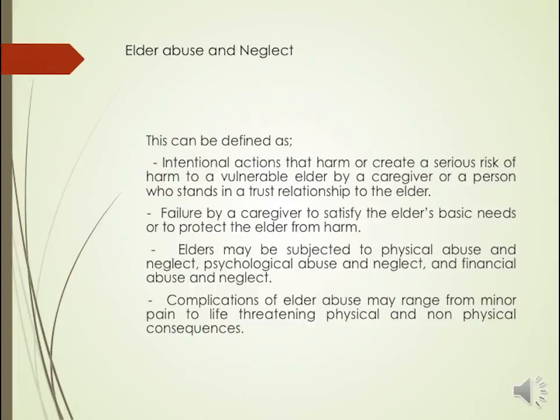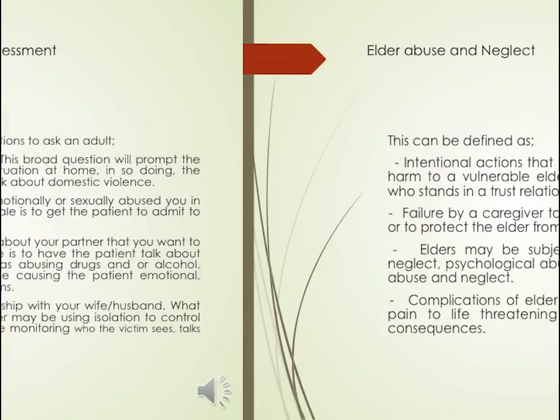It includes failure by a caregiver to satisfy the elder's basic needs or to protect the elder from harm. Elders may be subjected to physical abuse and neglect, psychological abuse and neglect, and financial abuse and neglect. Complications of elder abuse may range from minor pain to life-threatening physical and non-physical consequences.